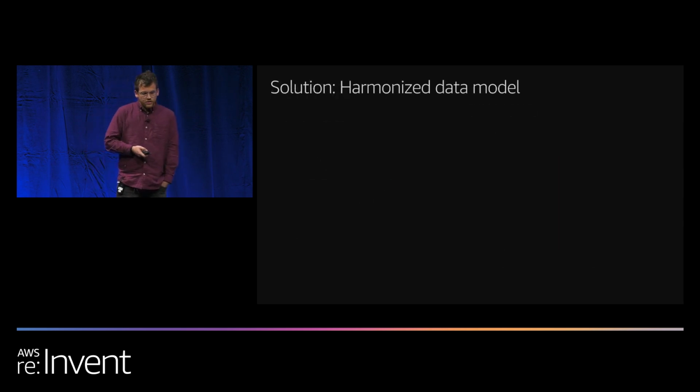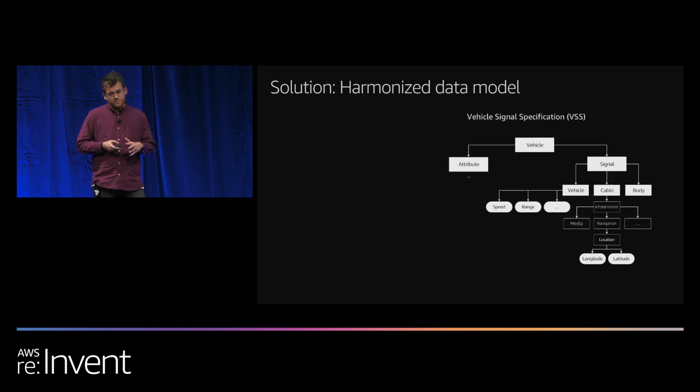And our idea was that we actually solve this problem with a kind of facade which acts as a central mediator between the car and the consuming services and hides away the complexity from the vehicle. And our data model is inspired by the vehicle signal specification, which has been published by the W3C community.